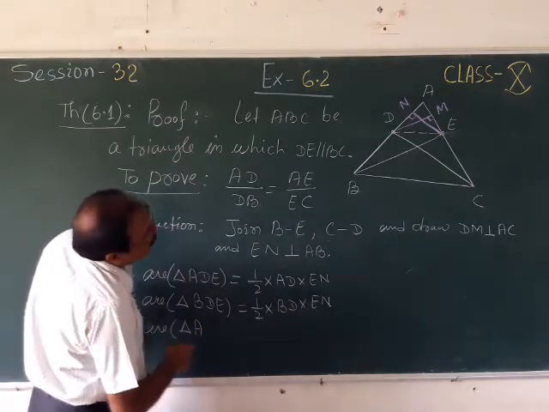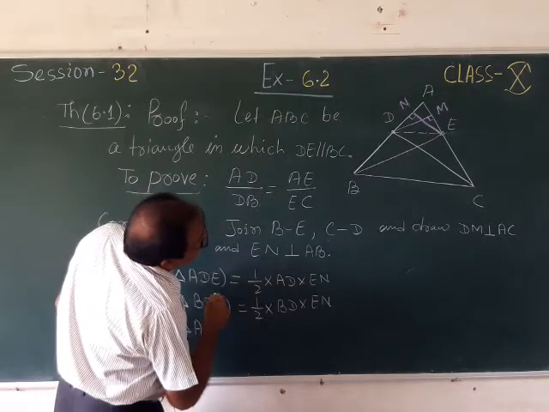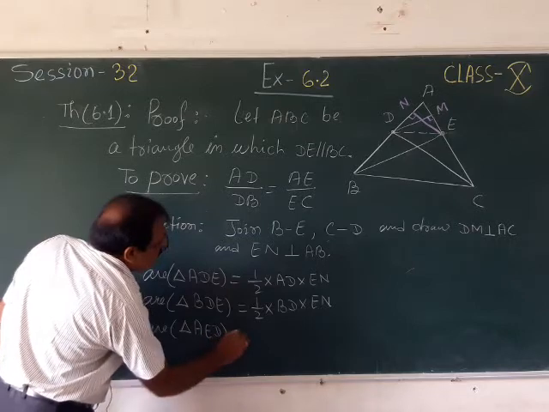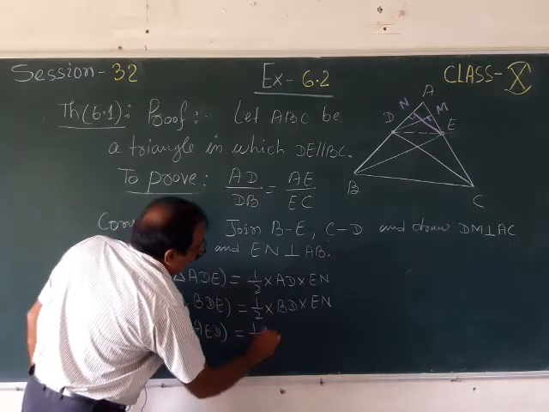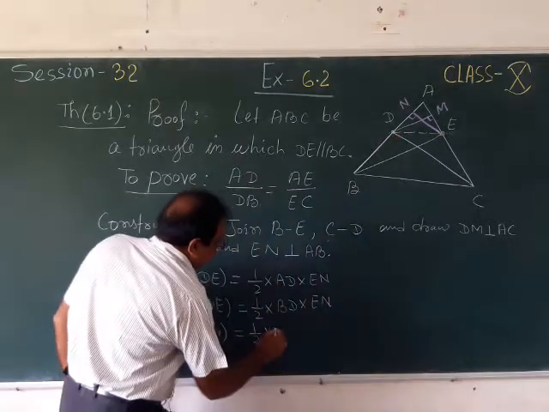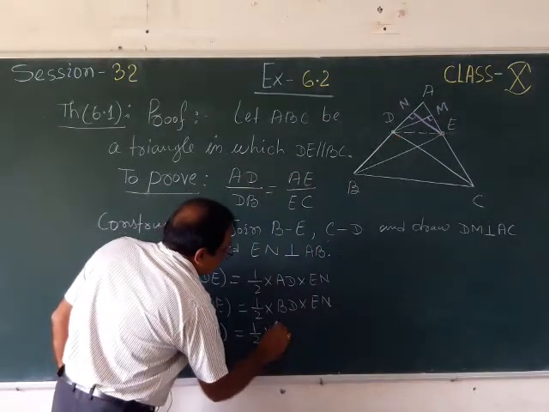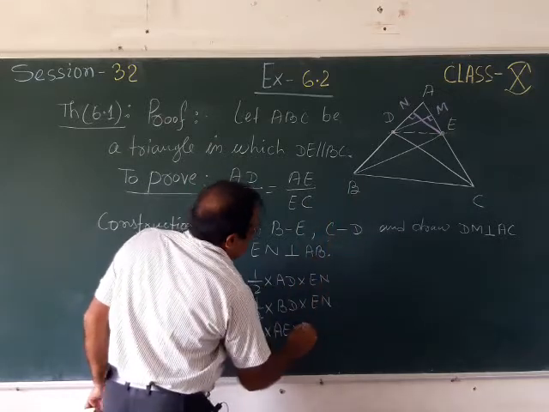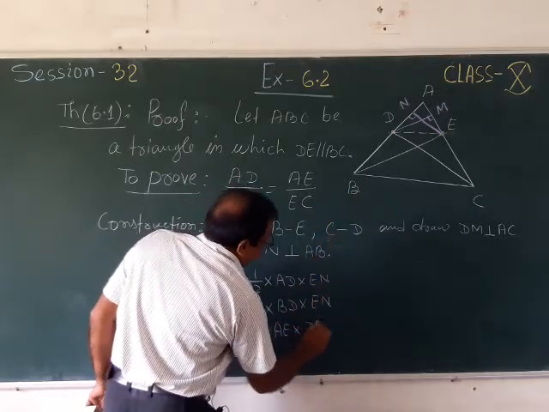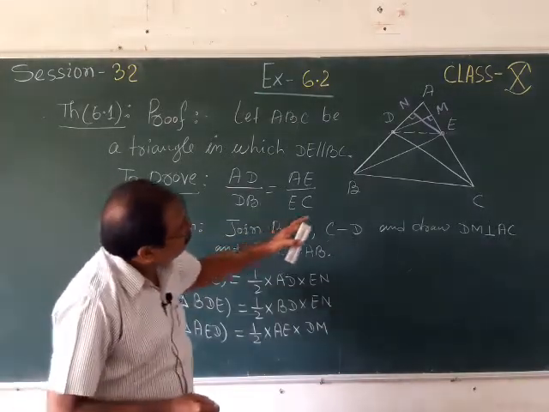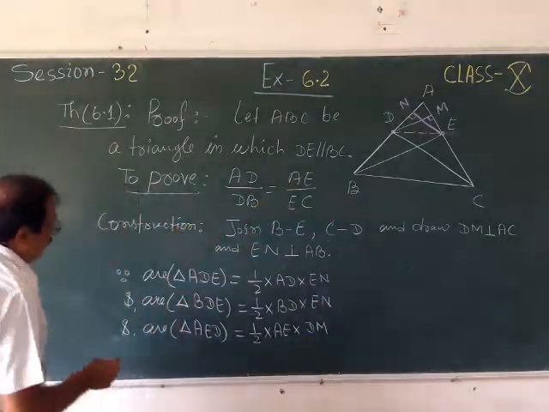Area of triangle AED. It is better to write AED because ADE I have written already, half, and this time I am taking base as AE and height as DM. Again area of triangle BED.